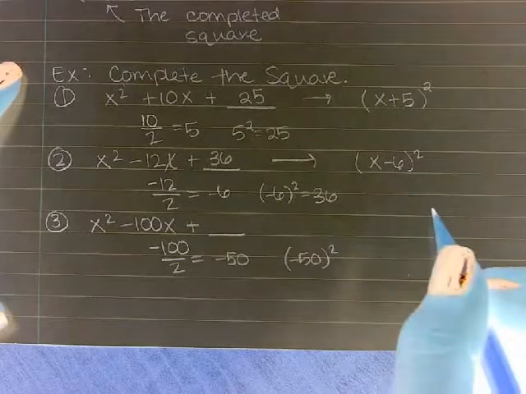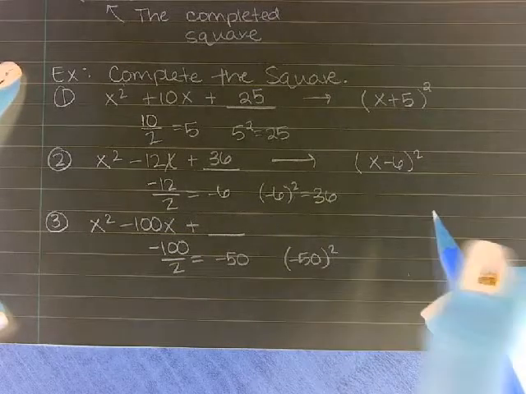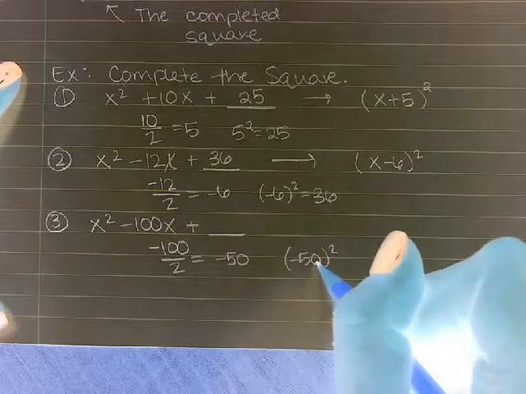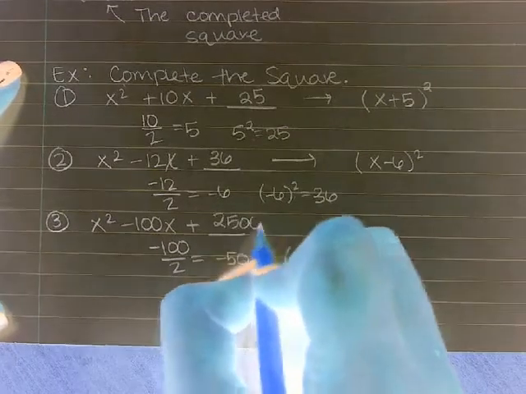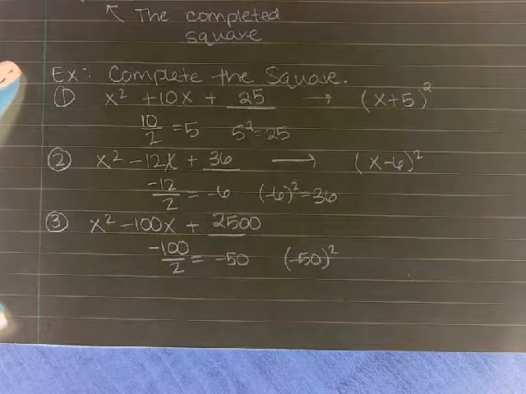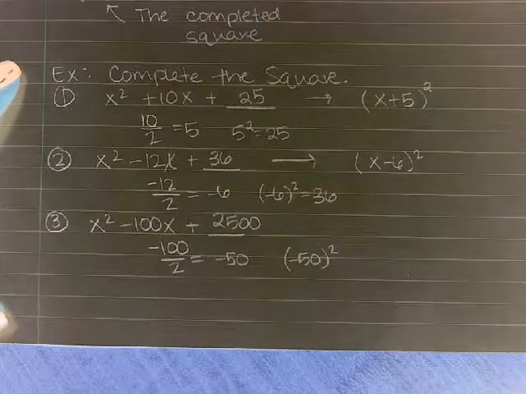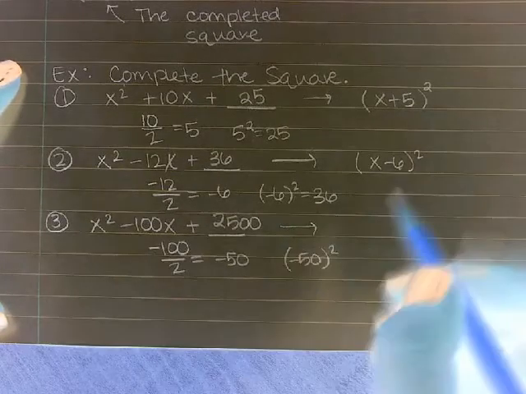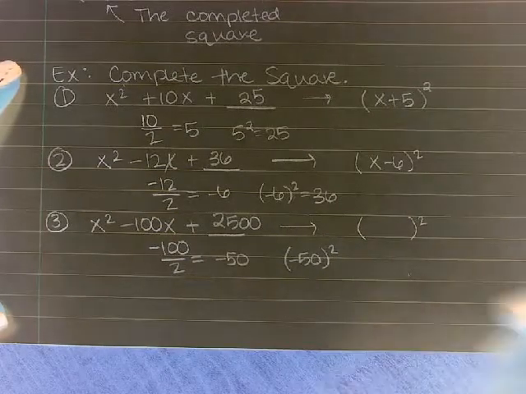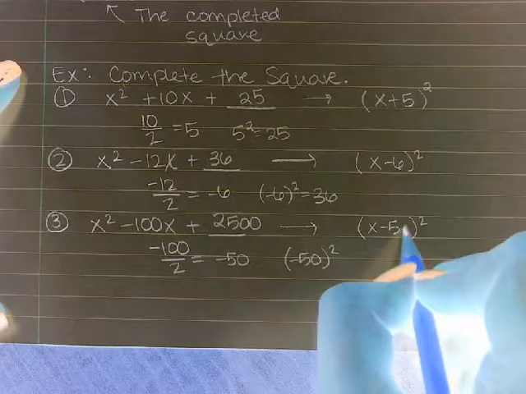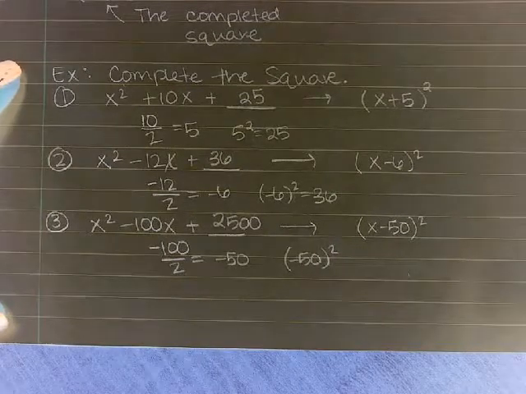Yeah, so negative 5 times itself is 25, and then we're going to have 2 zeros. So 2,500. So 2,500 is the number that completes the square, and if we want to write this as a completed square, what do we write? X minus 50 squared.